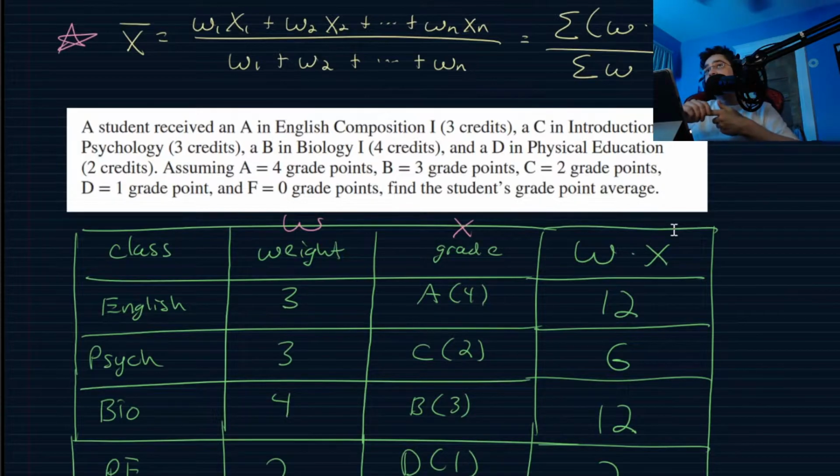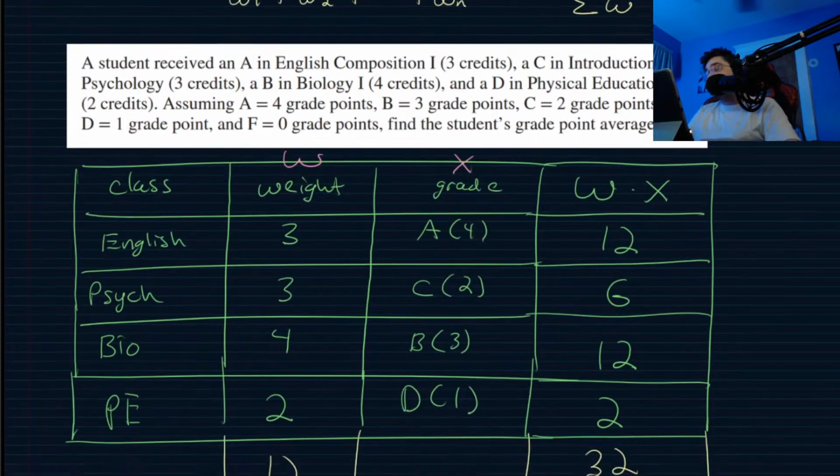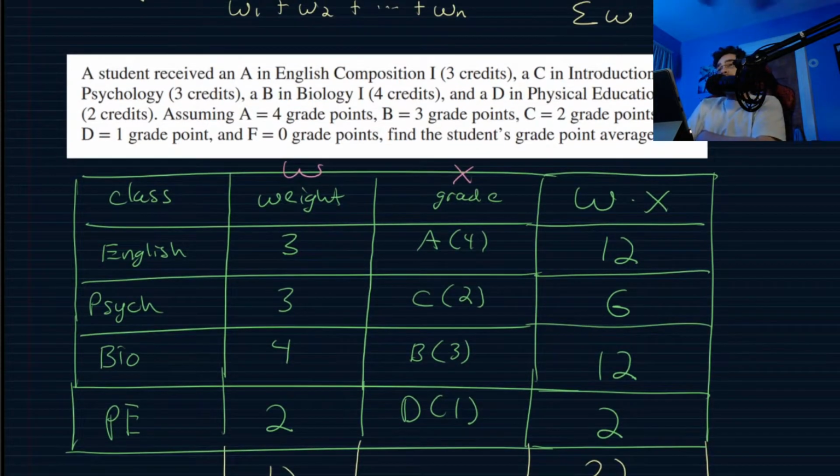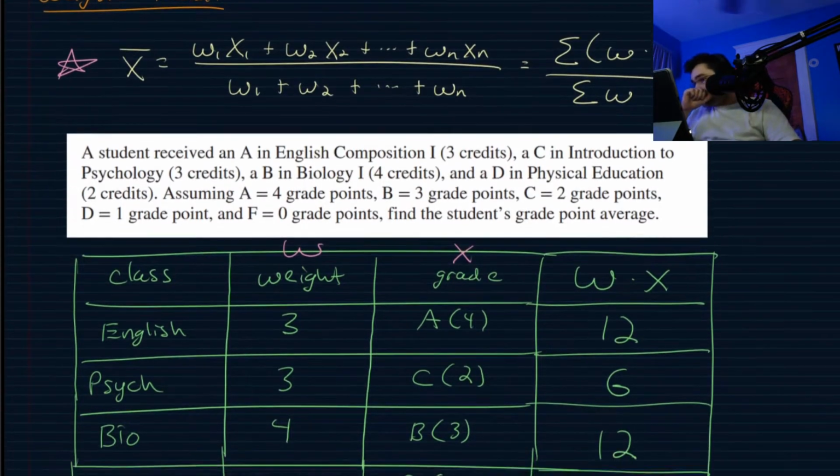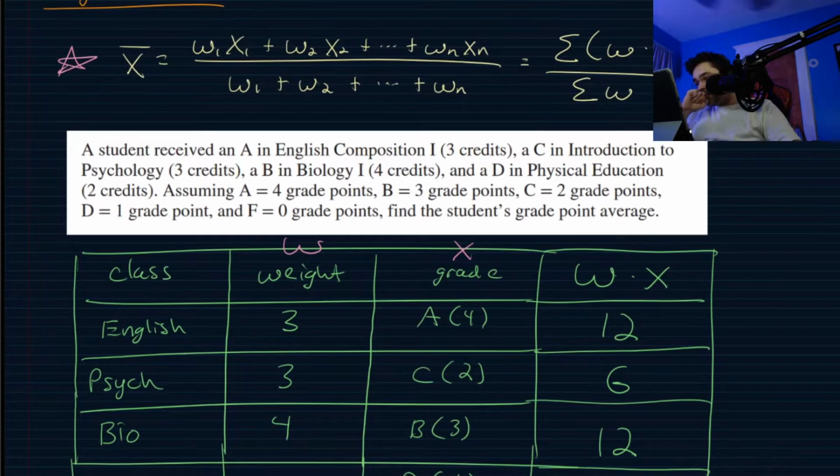For example, English and Psych are not worth as much as Bio. How much they count toward your credits is their worth. That's like their weight in this example. So definitely remember this formula. A really good example is calculating a GPA.